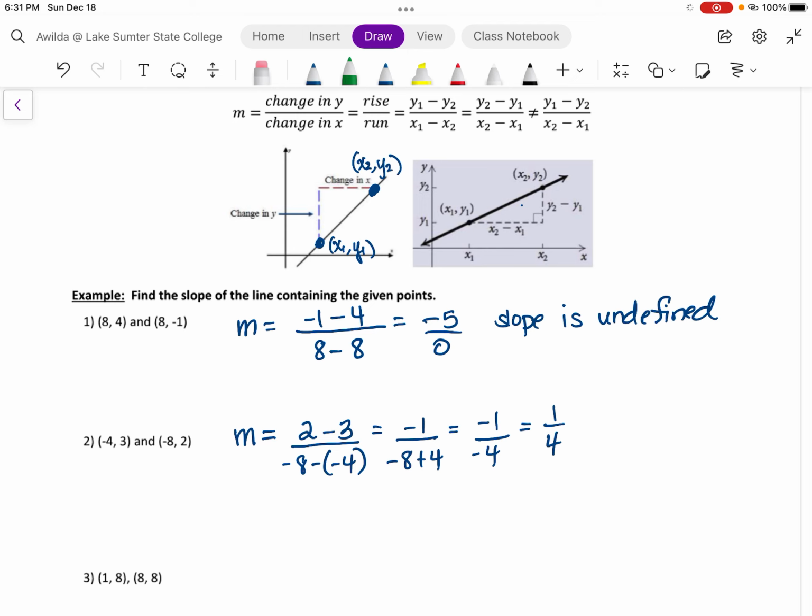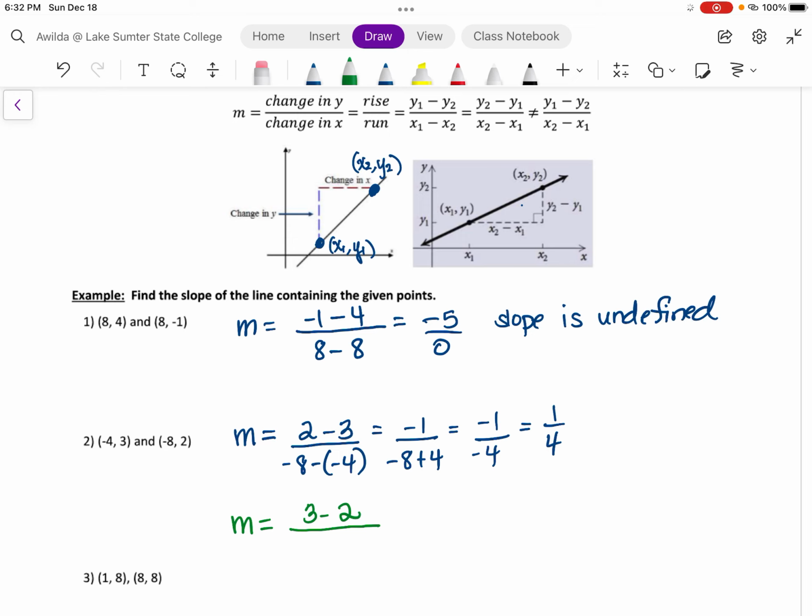I want to show you that if we had subtracted in the opposite order, we would have gotten the same result. So in the calculation above, I treated -8, 2 as the second point. And now I'm going to treat -4, 3 as the second point. So in the numerator, we're going to subtract 3 minus 2.